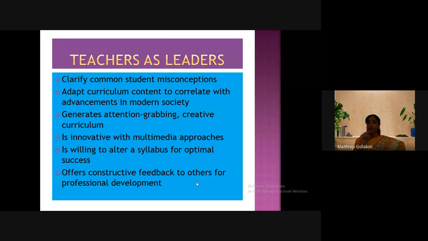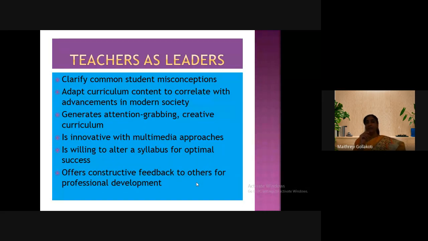And next, use innovative multimedia approaches. I think all of us are doing this, isn't it? We all take the help of computer, internet, and we present different videos, audios, and clippings, and all those things to make them understand concepts.